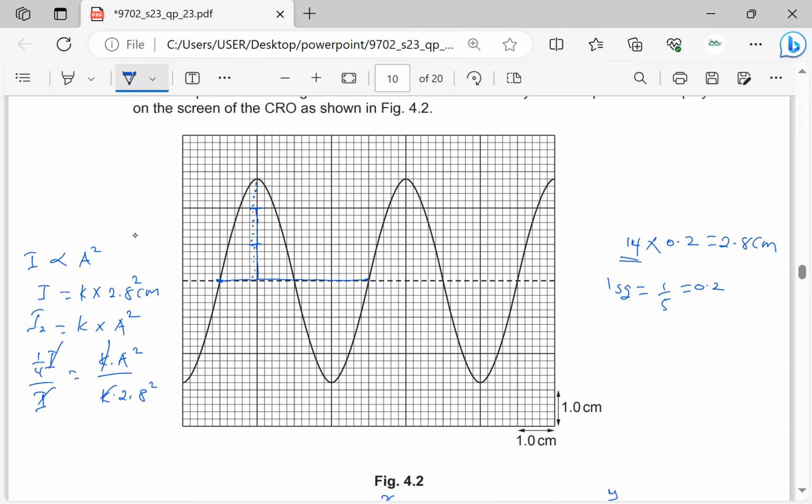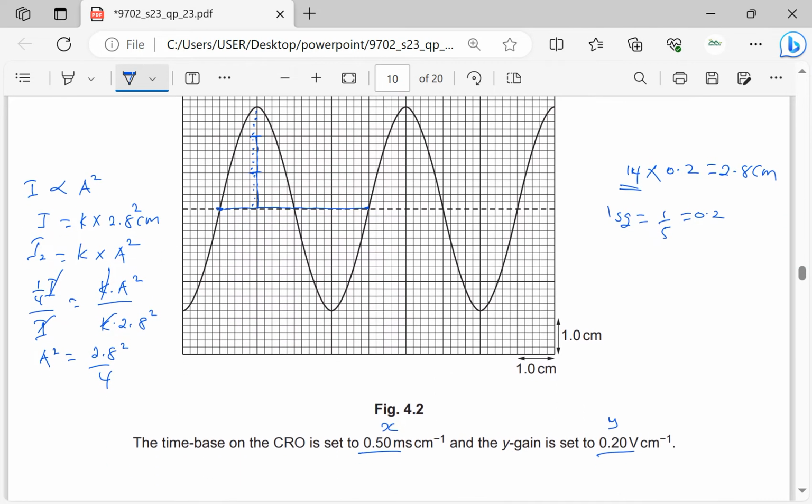It means A squared is going to be equal to a quarter times 2.8 squared, which is 2.8 squared divided by 4. When I find the square root, A will be 2.8 divided by 2, which is 1.4 centimeters. So the new amplitude is going to be 1.4 centimeters. In other words, it will be a half of the other one.